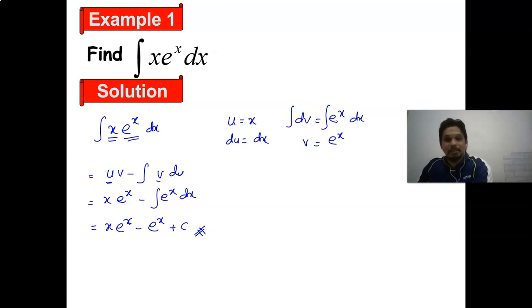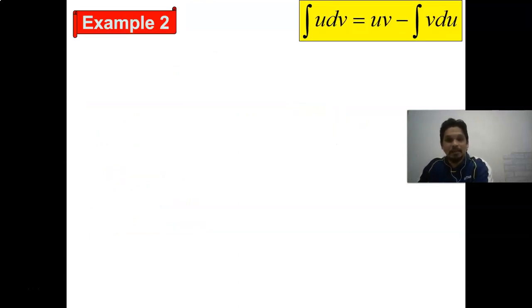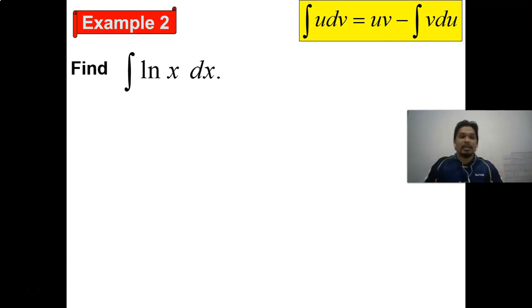Okay, next, example 2: find the integral of ln x dx. Class, we can treat this as the integral of 1 multiplied with ln x dx, because we need at least 2 different functions, whether log, polynomial, exponent, or trigo.